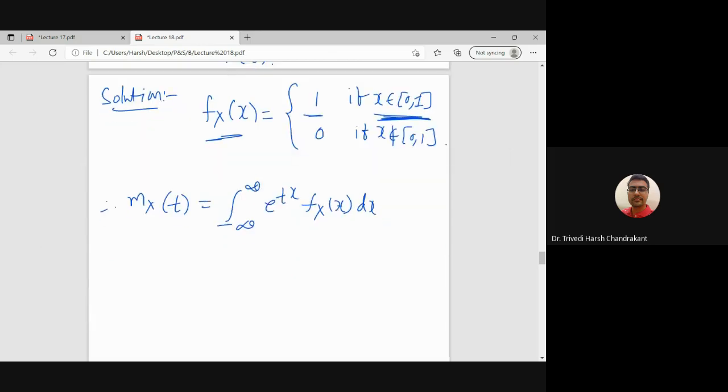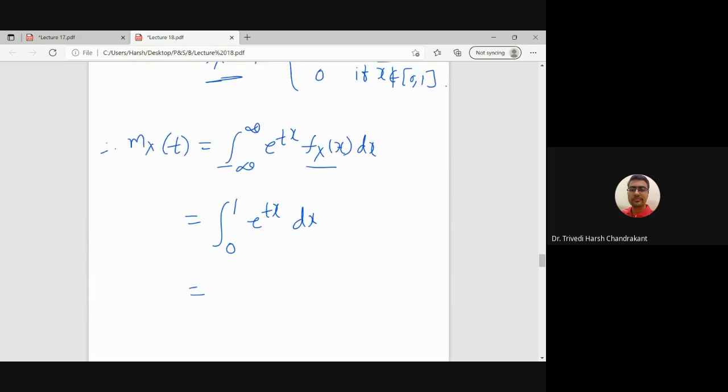So if you use both these things, we'll get the integral from 0 to 1 of e^(tx) dx, since the value of the function is 1. And when we integrate with respect to x, the variable t is constant. So the integration is e^(tx)/t, and the integration is from 0 to 1.